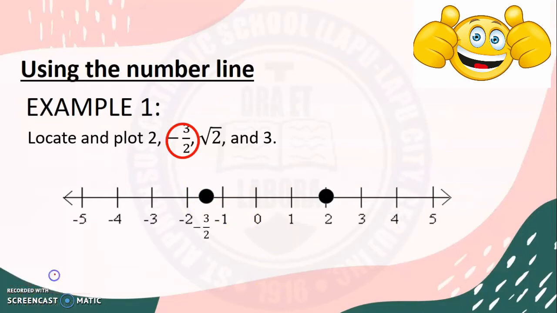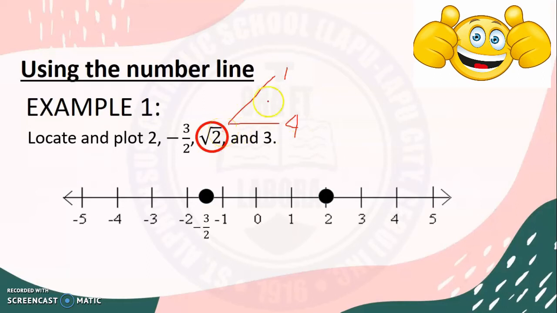Next, let's have square root of 2. Square root of 2 is not a perfect square, so we need to find the perfect squares before and after 2. We have 1 and 4. 1 is a perfect square before 2 and 4 is a perfect square after 2.